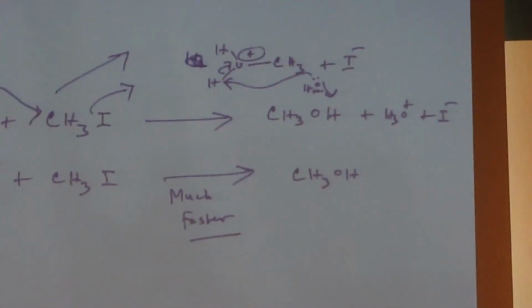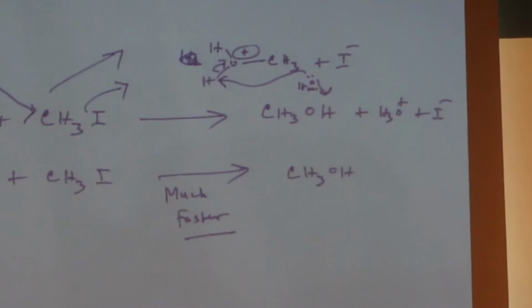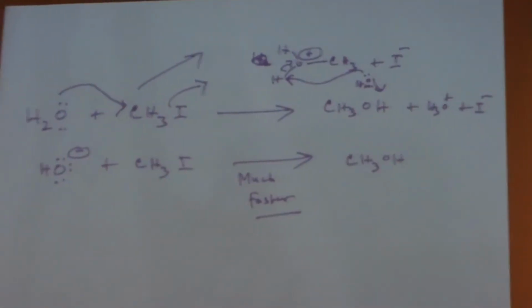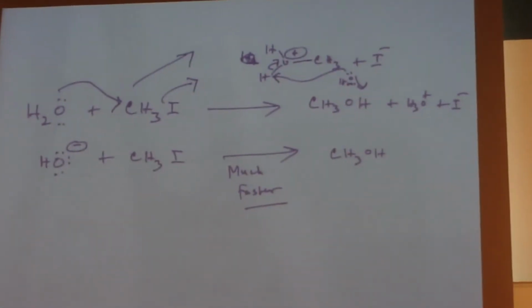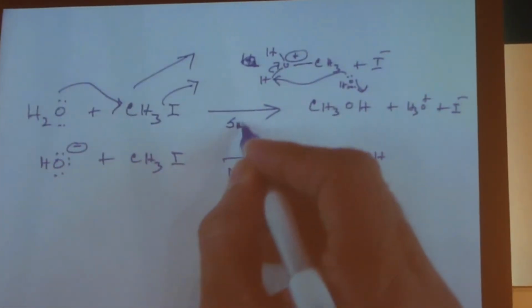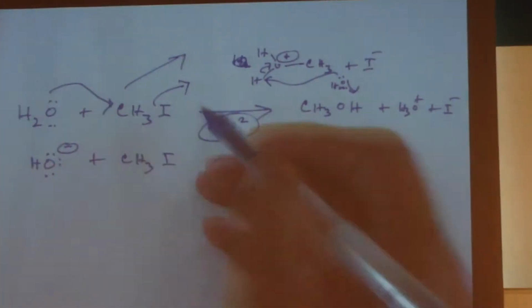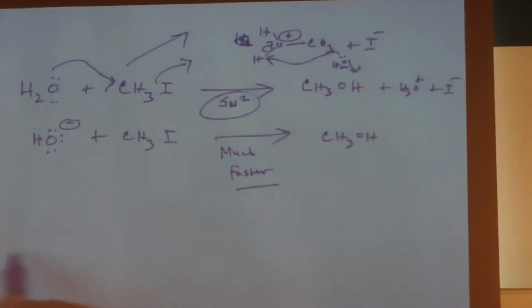And now we can carry out this reaction with another group, and then the mechanism will completely change. This is still an SN2 process. Both of them are SN2 processes. The second one is a lot faster compared to the first one.